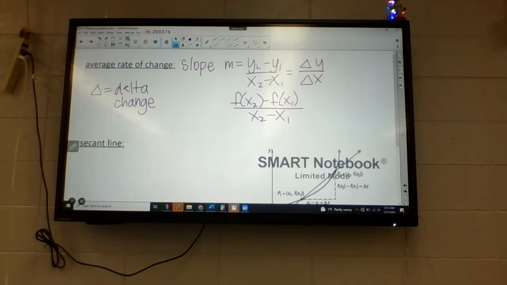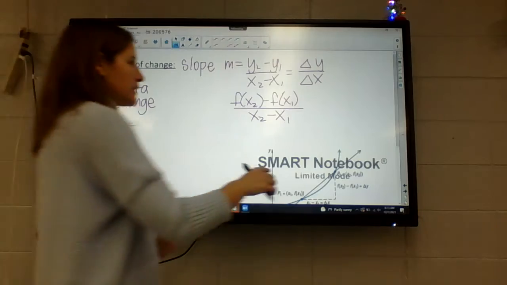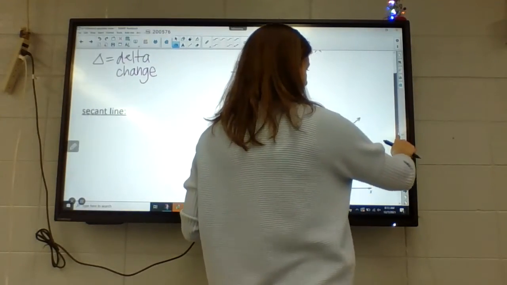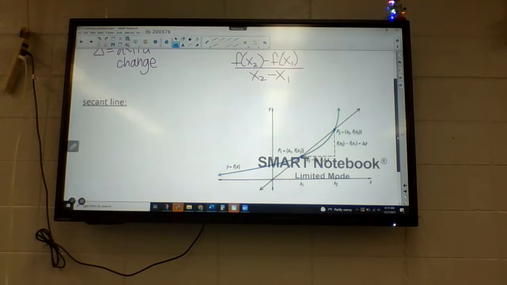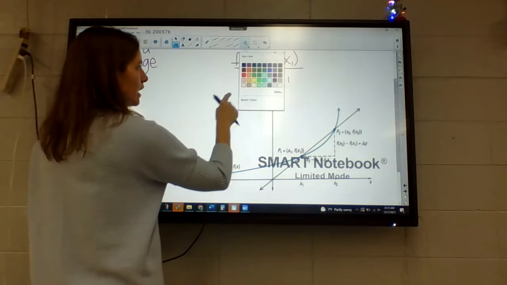And again, the average rate of change, we're really finding the slope of this secant line. And the secant line is basically a straight line that cuts this curve. So like it just kind of goes, like if we could make a ramp from point to point, if that was our curve we are walking up or hiking up or something.